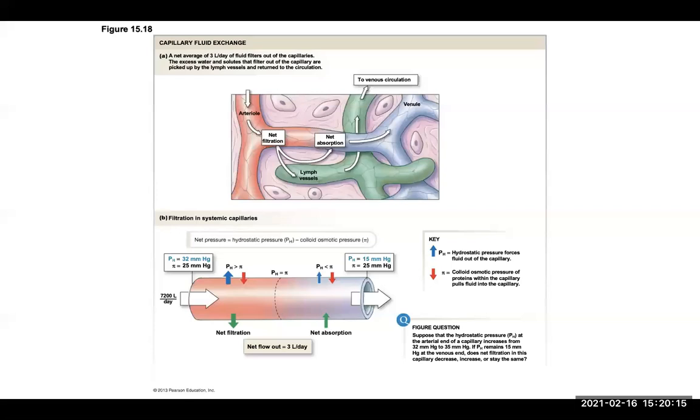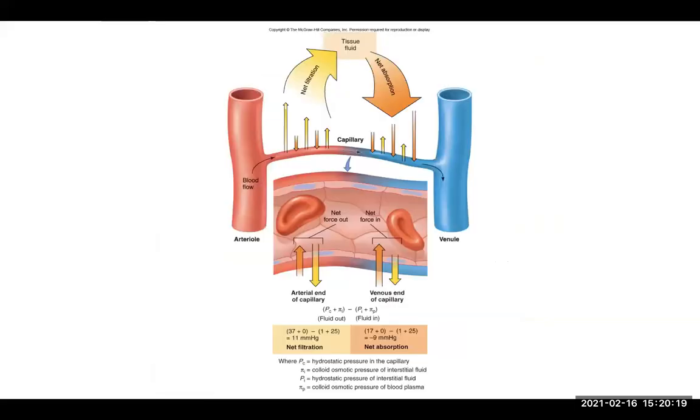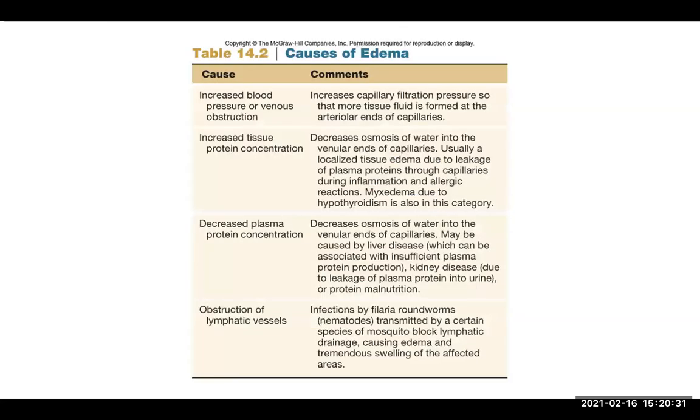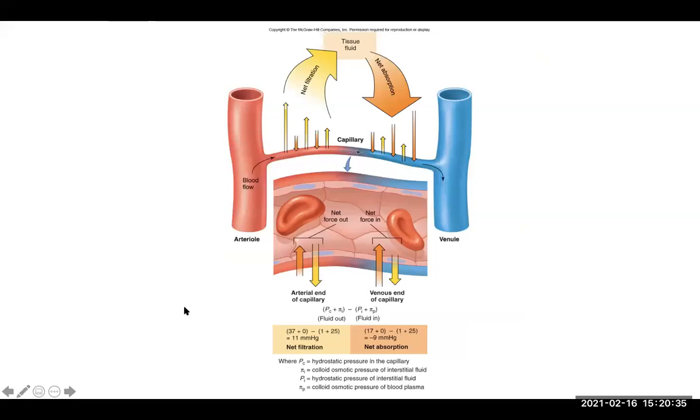So capillary hydrostatic pressure would look something like this, and it shows about 37 millimeters of mercury. Your interstitial hydrostatic pressure is about 1 millimeter of mercury.